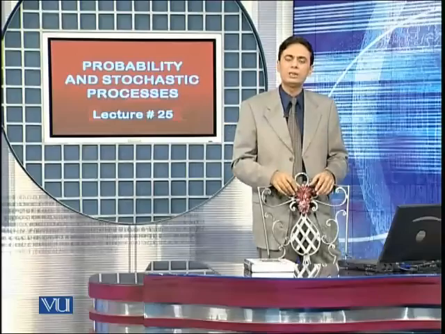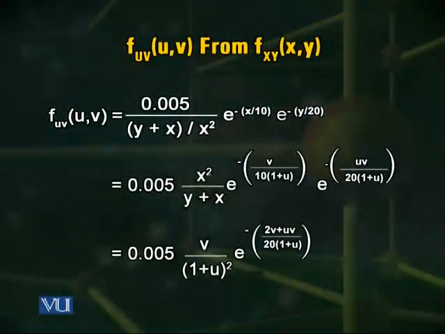Combining everything together, for this example, you can see on your screen that the joint PDF of U and V, where U is the ratio of two service times and V is the sum of two service times, comes out to be 0.005 multiplied by V over (1 plus U) whole square, e raised to power minus something, a complicated expression that you can easily see in your notes or on your screen.